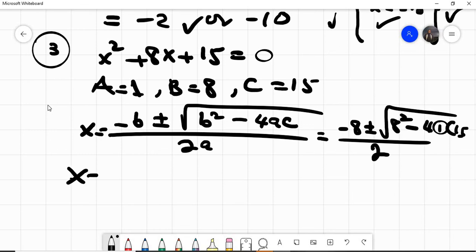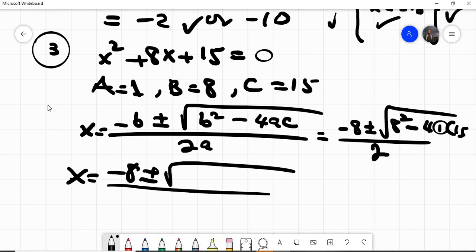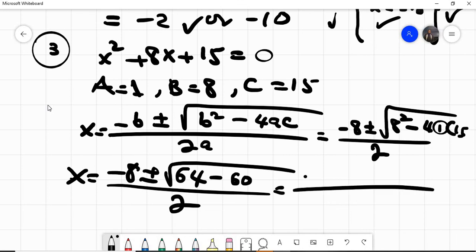So x equals minus 8 plus or minus square root of 8 squared, which is 64, minus 4 times 15, which is 60, then divide by 2, which equals minus 8 plus or minus square root of 4, divided by 2.